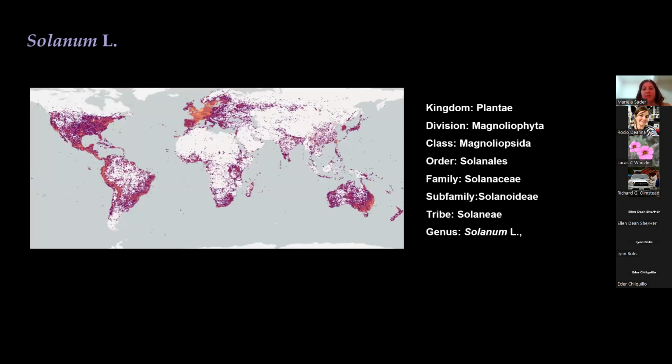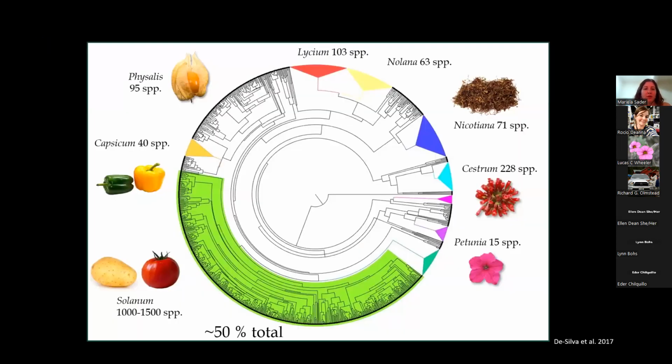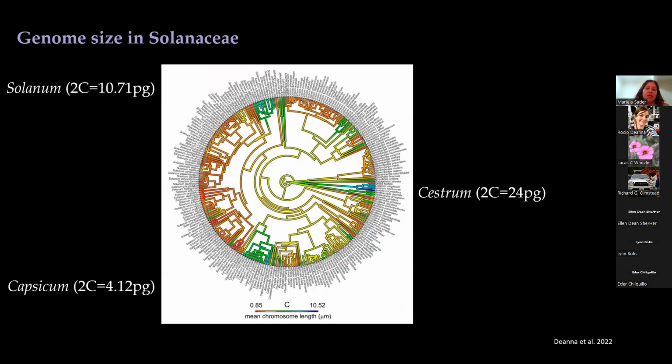Well, the Solanaceae family is a medium-sized cosmopolitan family, as you know, with 99 genera and about 2,700 species. This family has representatives of great economic importance, such as eggplant, tomato, and potatoes. Within the Solanaceae family, the genus Solanum is one of the most important in terms of number of species.